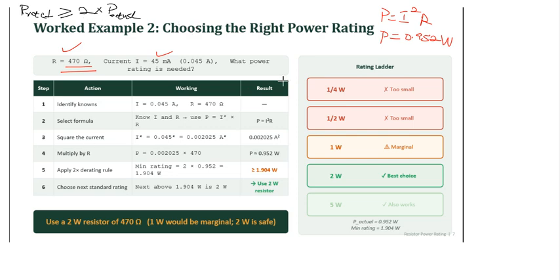So the actual power the circuit requires here is 0.952 watts. By the time you multiply this by 2, you're going to have 1.904 watts.